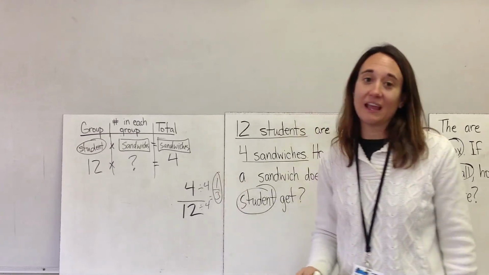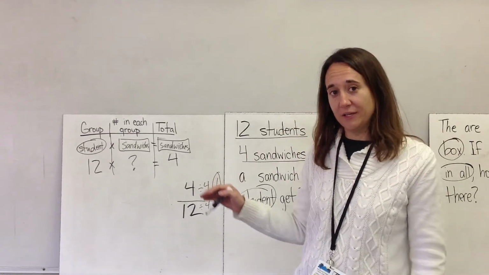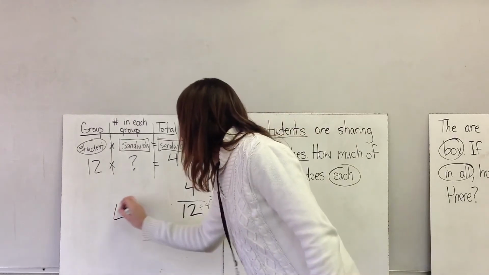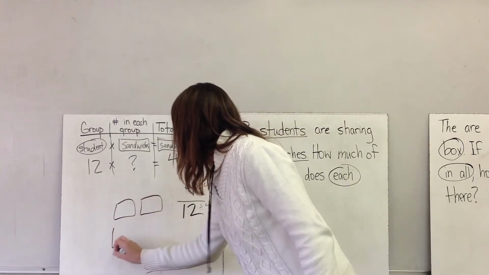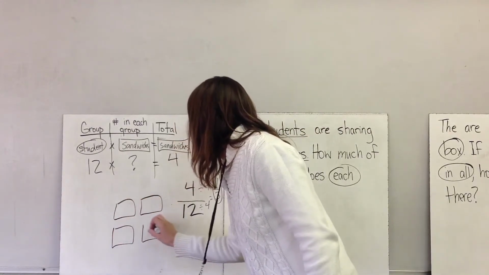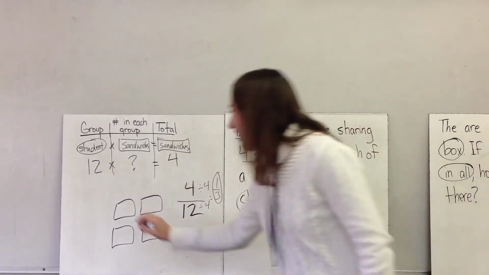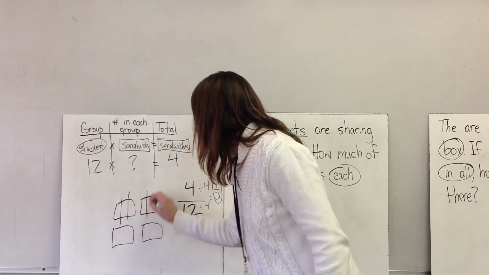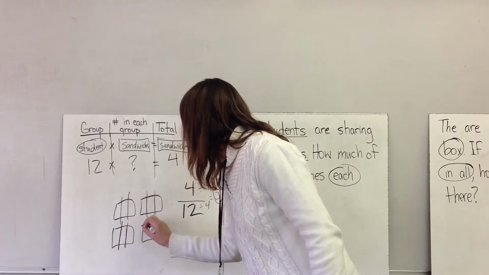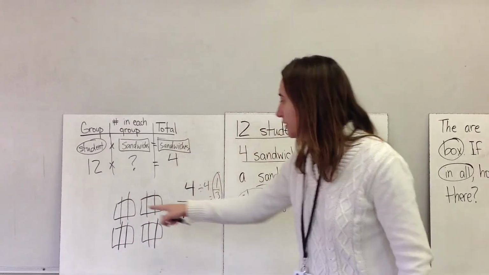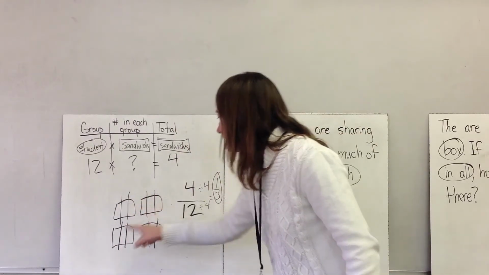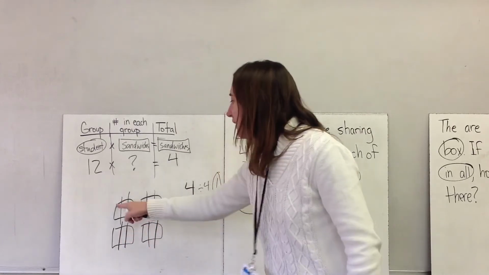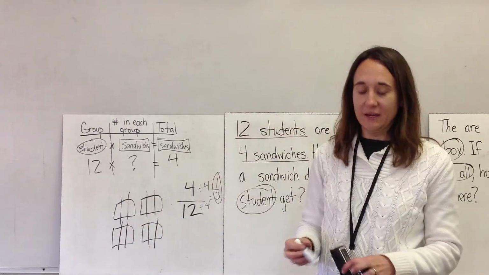Each person is going to get 1/3 of a sandwich. And if you draw it out, the 4 sandwiches, and you divided them up, you would see that to get 12 equal pieces for the 12 students, 1, 2, 3, 4, 5, 6, 7, 8, 9, 10, 11, 12, they would only get 1/3 of the sandwich. That makes sense.